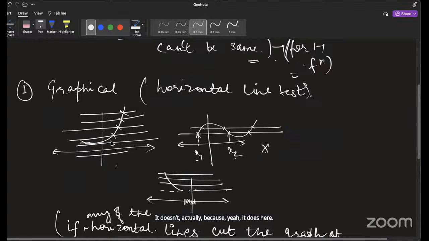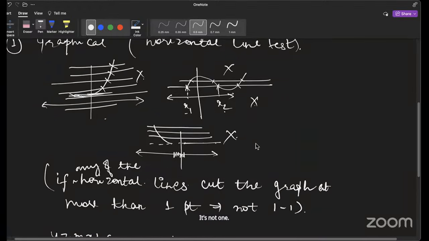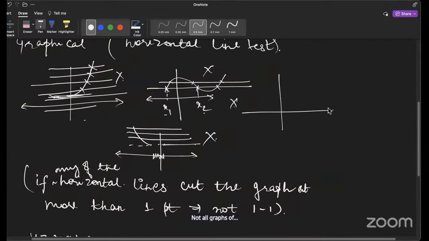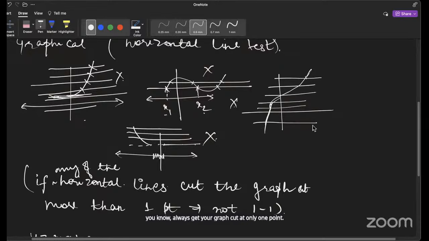Here it'll cut here. Yeah, so this is not 1-1 as well. This is not 1-1. This is also not 1-1. They're all graphs that are not 1-1. If you want a graph that's 1-1, you can do it like this. This is a 1-1 graph where no matter how many horizontal lines you draw, you'll always get your graph cut at only 1 point. Okay, ma'am.